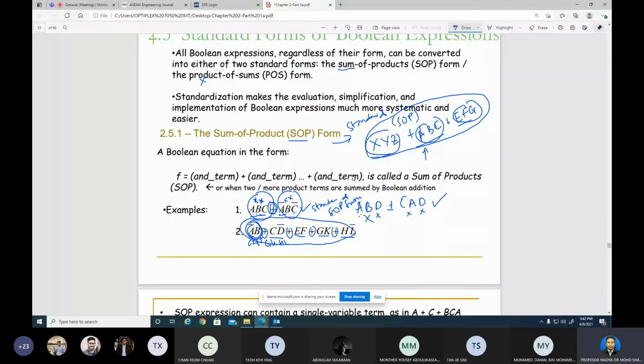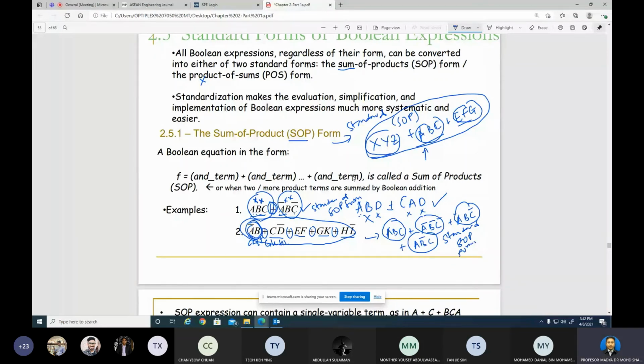For example, I will show an example: A, B, C plus A bar, B bar, C bar plus A bar, B, C bar plus A, B bar, C. This one we call the standard SOP because all elements have the A, B, C. This is the standard SOP form.